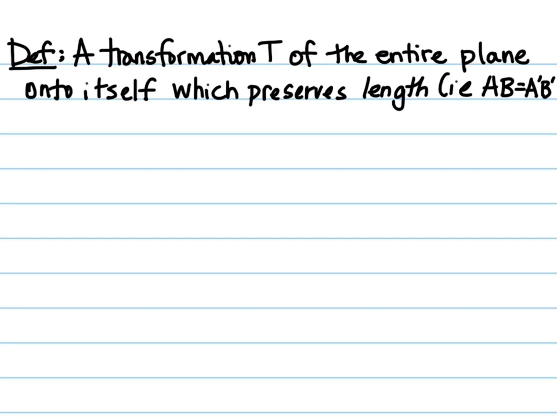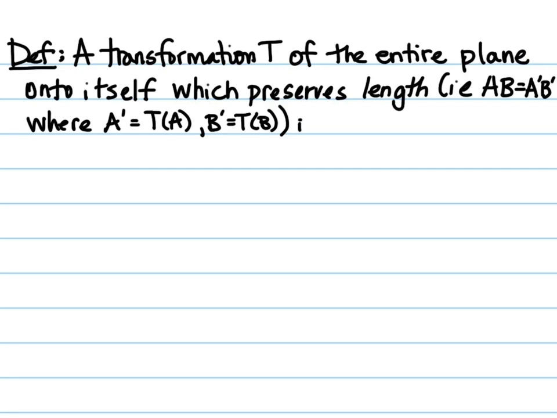It's the same distance, the same length between those. Where A prime is the transformed point A, and B prime is what I'm calling the transformed point B.